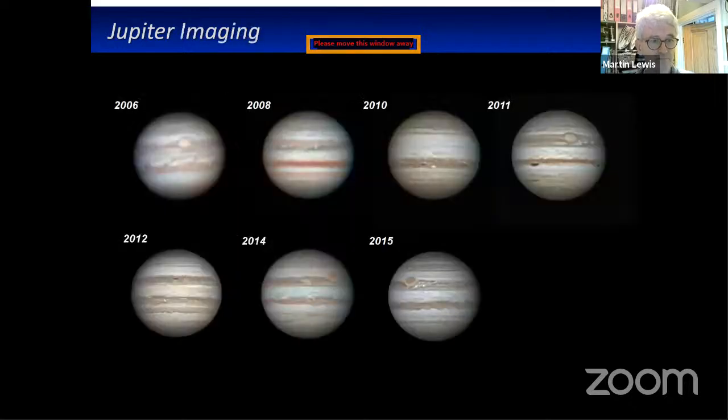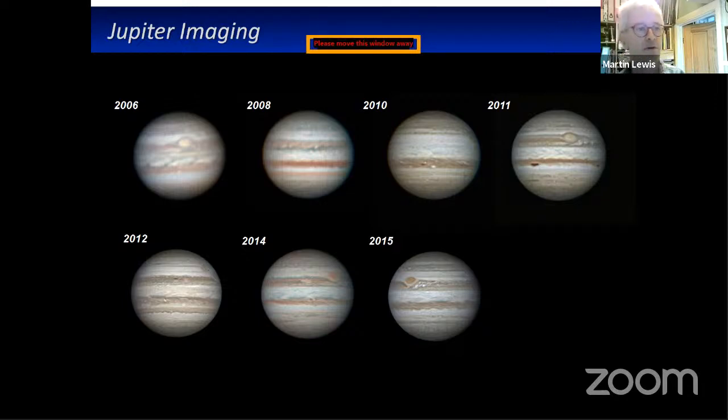So Jupiter does change as well. You can see some views here over the years of Jupiter. You can see, for example, in 2010, the disappearance of the south equatorial belt, which happened for a period.